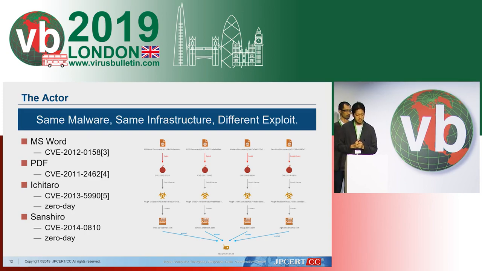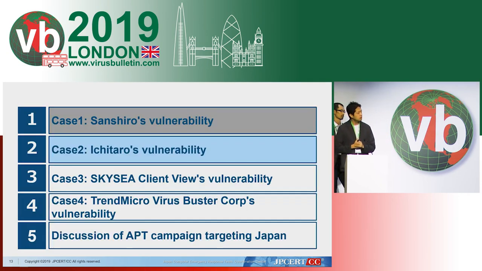Some of these exploits were used as zero-day exploits, such as the Sasrow case I just mentioned, and the Ichitaro case I will show in the next case. This fact indicates that this actor was very interested in Japanese products and had good skills to research and develop zero-day exploits.